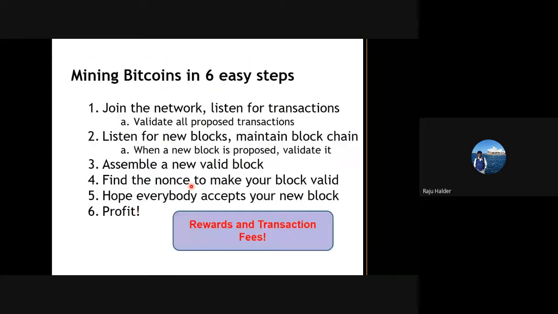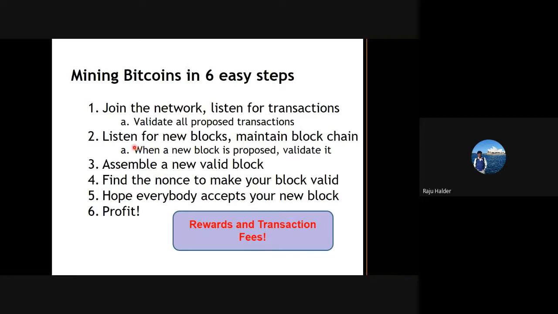Anyway, this is the overall idea of how the Bitcoin blockchain works. Let me summarize that. First, if you want to participate, you join the network, and all other participants are creating and broadcasting transactions, so of course you will listen to the transactions. When you listen to a transaction, you can check its validity using the Bitcoin scripting language.